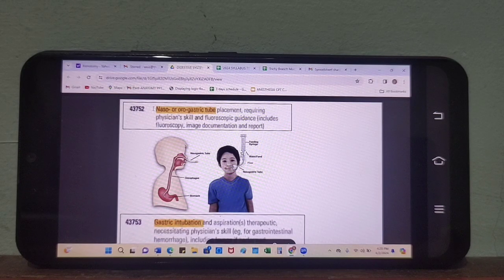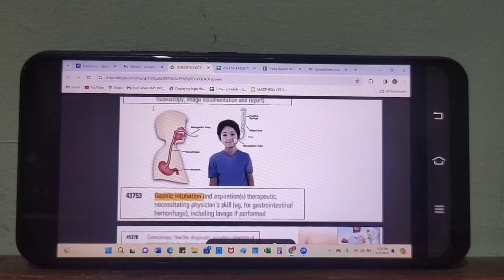Sometimes the nurse can't insert the tube successfully. In that case, the doctor will complete the procedure. So if physician skill is necessary to complete the procedure, go for 43752 for inserting a tube from mouth or nose to the stomach for feeding purposes.